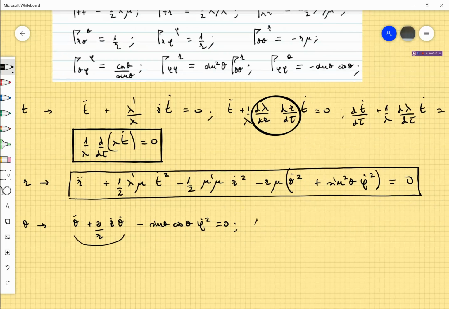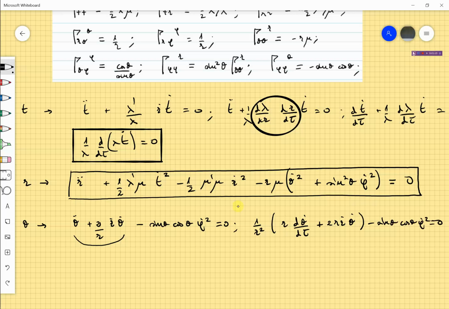If I take out a factor of 1 over r squared, I have the theta dot, r squared, the theta dot d tau plus 2r dot theta dot, minus this stays the same.